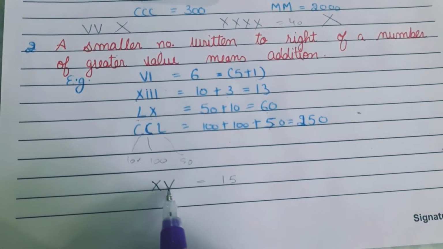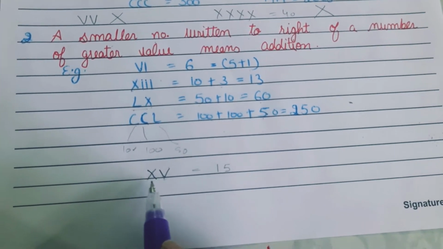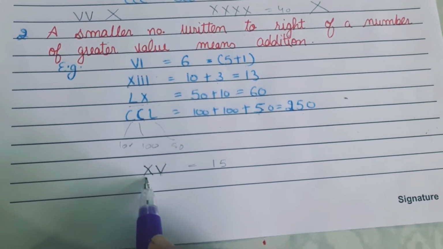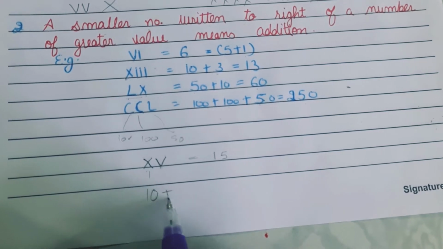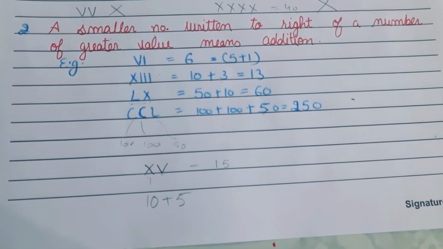So it is 10 plus 5 equals 15. Right, students?